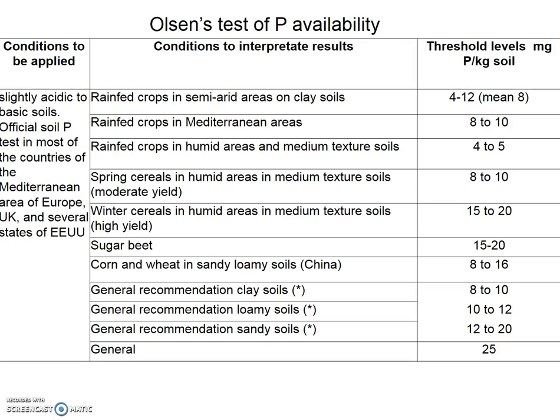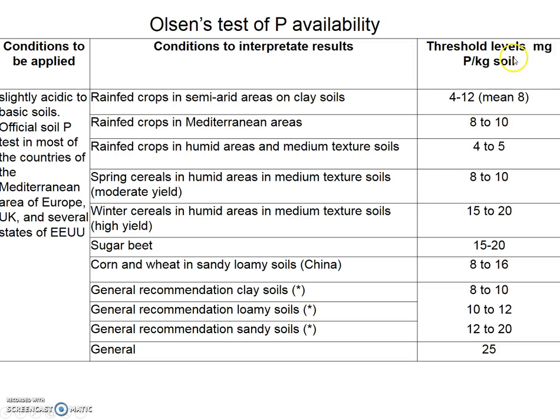The soil test level that we should apply for phosphorus can be different depending on the conditions we are working with. For instance, the Olsen test of phosphorus availability is used in basic soils up to slightly acidic soils, and is the official phosphorus test in most Mediterranean countries of Europe, in the UK, and several states of the United States.